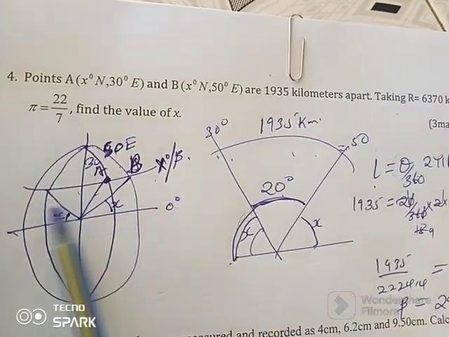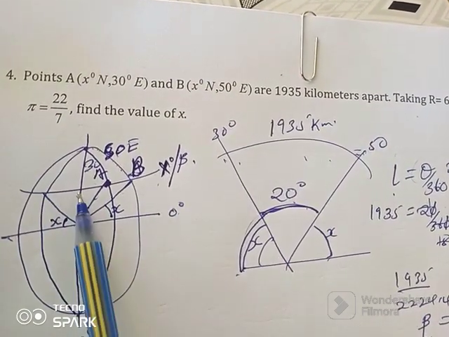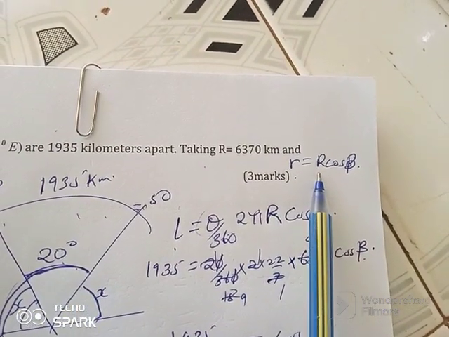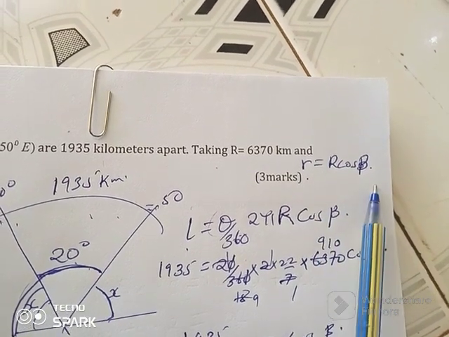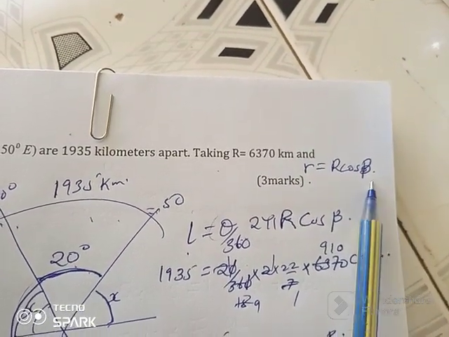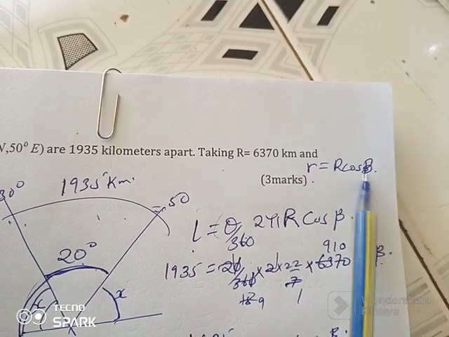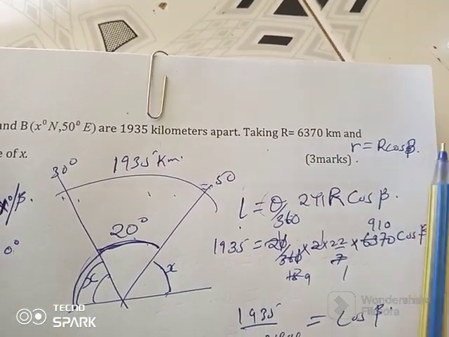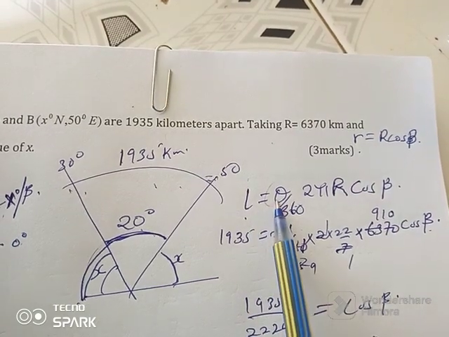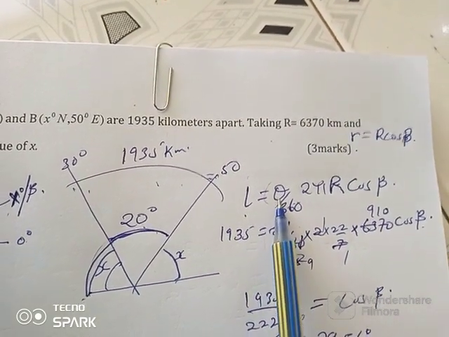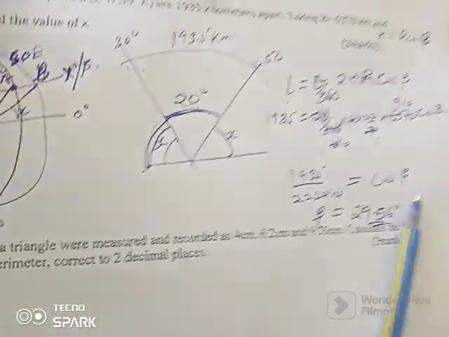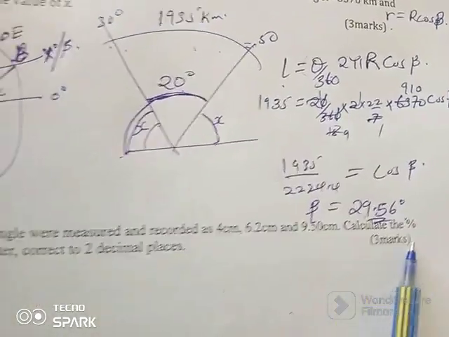This plane was moving along a smaller circle. A smaller circle has a small r, and small r is always expressed in terms of the big R as R cos beta, whichever angle we are talking about here, as long as we understand which angle we mean. Some can write theta. I didn't want to confuse with theta again now that we have written theta for the angle between the two towns. Working out through, there you go, guys.